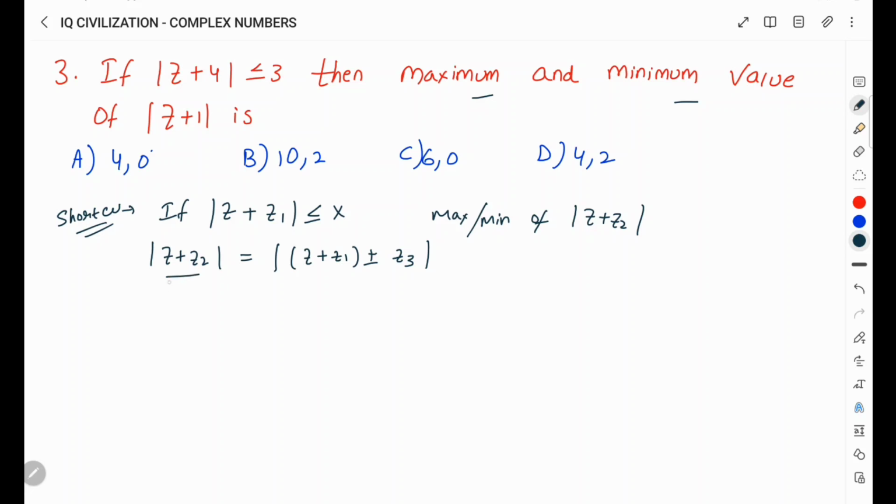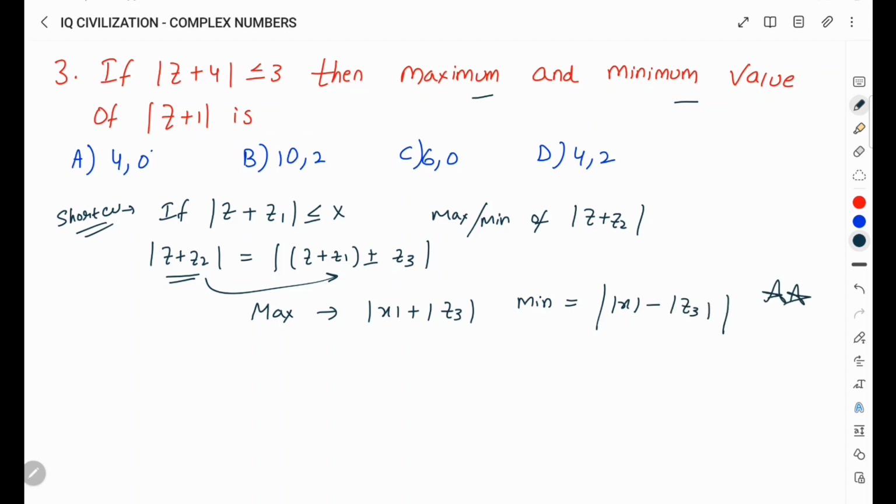Now the maximum value of mod z plus z1 is mod x plus mod z3, and the minimum value is mod x minus mod z3.